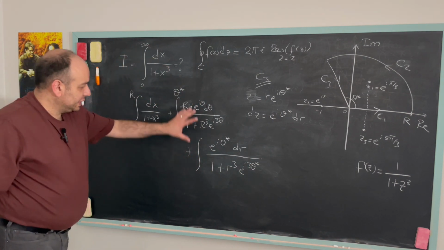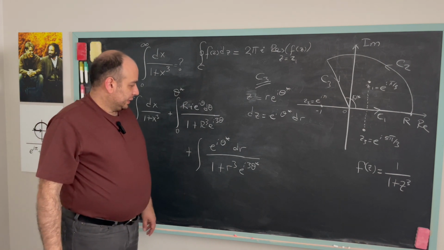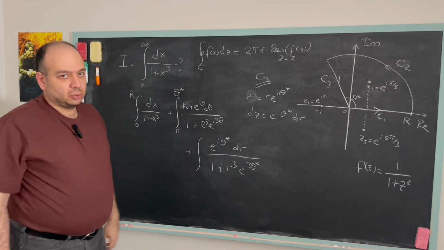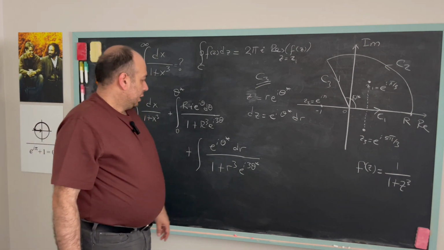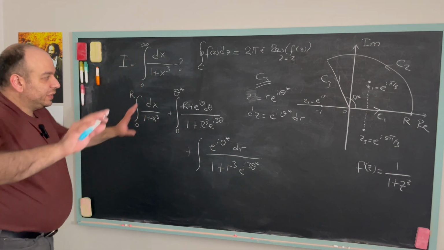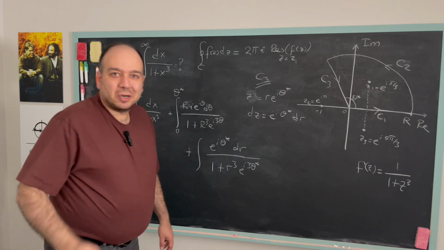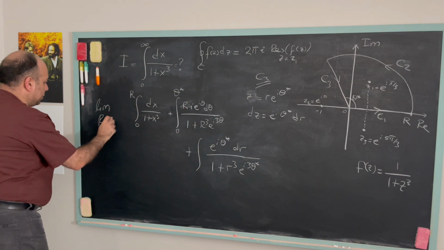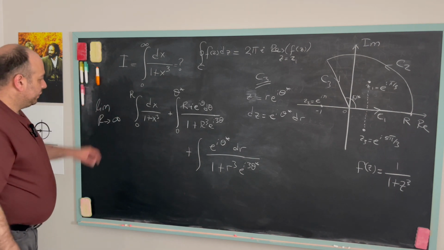So these are the three integrals which in the end give me this contour integral. At this point, we are ready to take this limit, R goes to infinity.